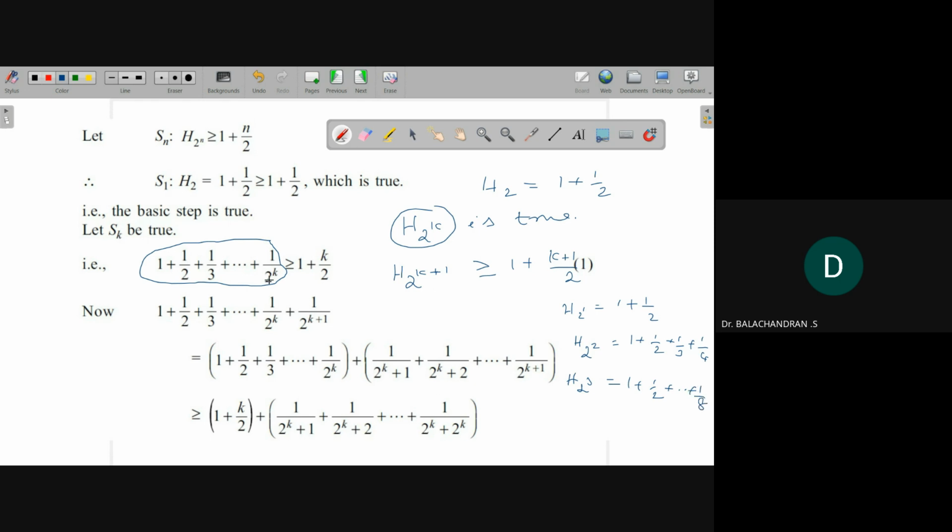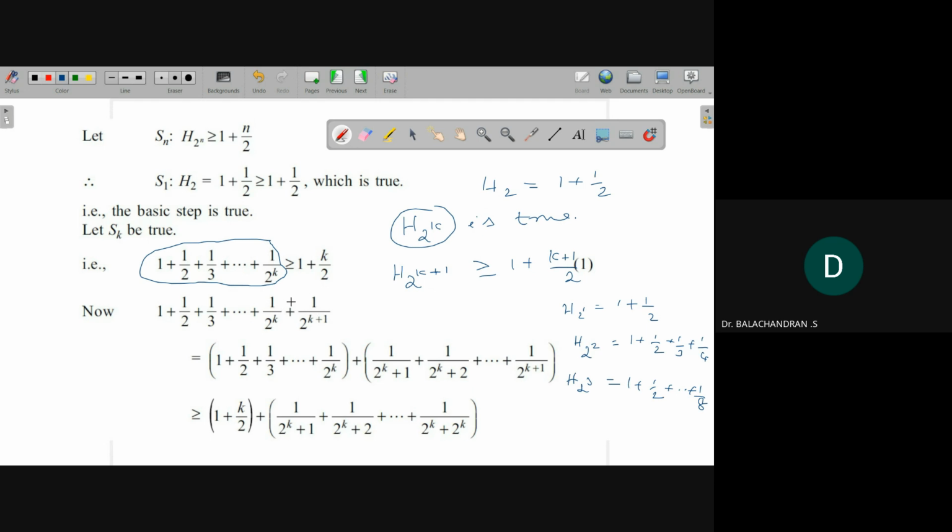So here H2 power k plus 1 means 1 plus 1 by 2 plus 1 by 3, and the last term should be 1 by 2 power k plus 1. But the next term after 1 by 2 power k is not 1 by 2 power k plus 1.